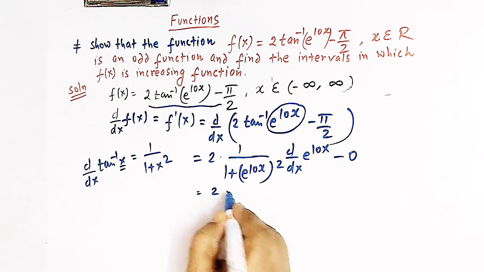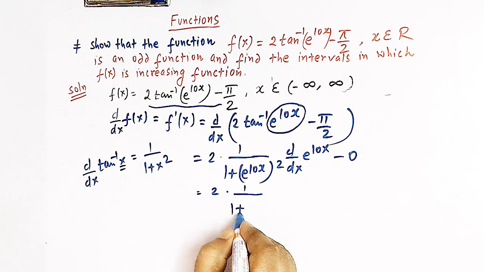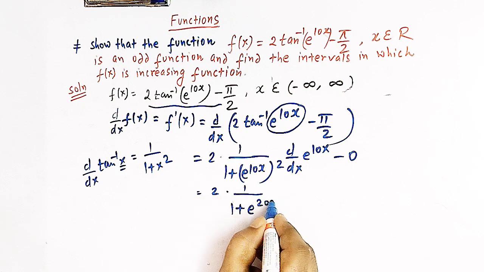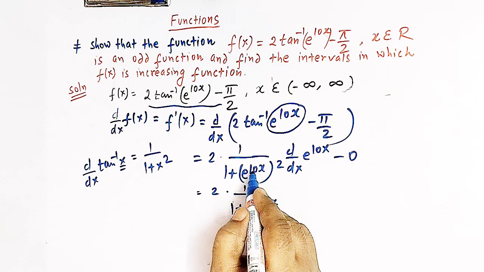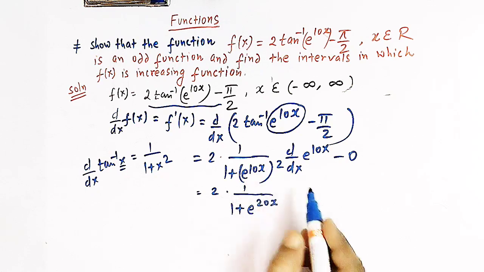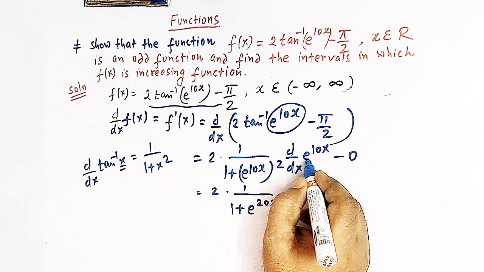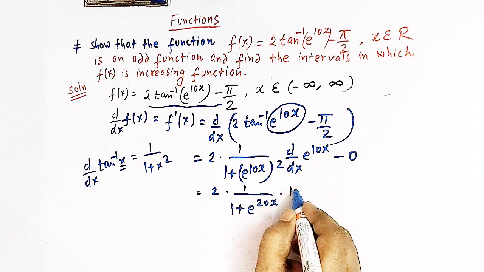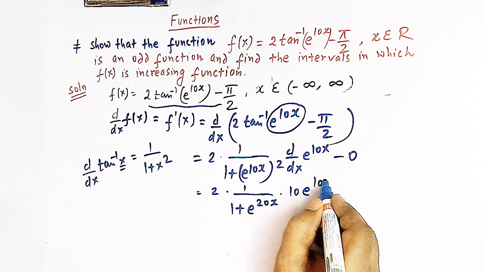So we have 2 times 1 over 1 plus e raised to 20x, and then the derivative of e raised to 10x is 10 e raised to 10x.